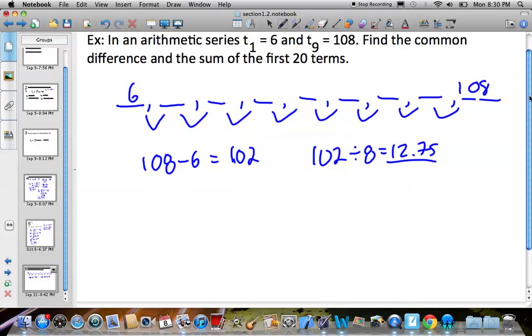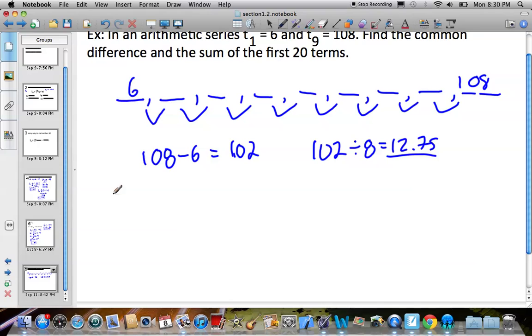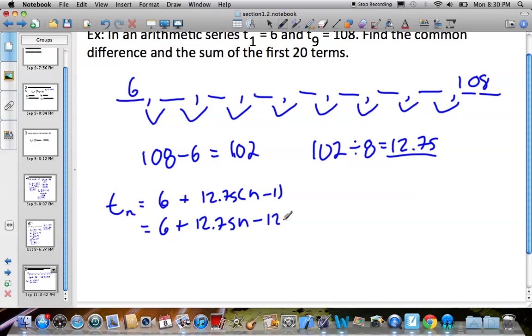Well, what I need to do now is create T of n. T of n is going to be equal to my first term 6 plus my common difference of 12.75 times n minus 1. So that's going to bring me to 6 plus 12.75n minus 12.75.